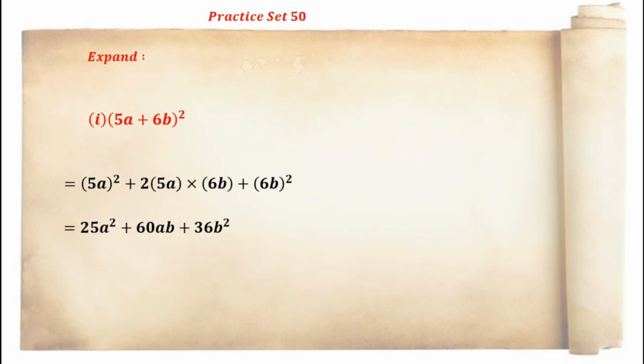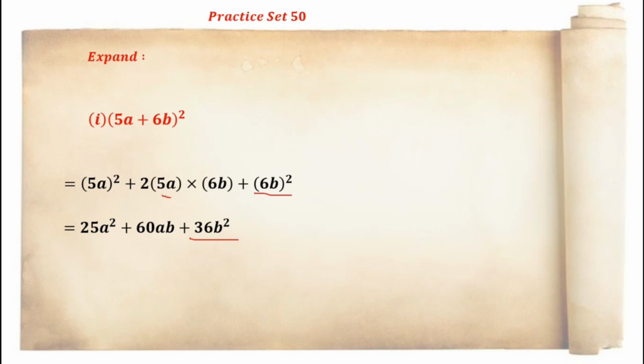60ab will be here, okay, and then you will see here that 6b into 6b plus 6b raised to 2 means 36b raised to 2, okay.